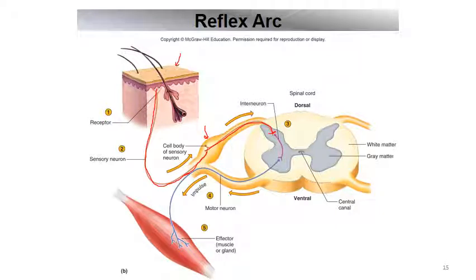Okay, so the sensory neuron stops here. Inside the spinal cord, the neuron is called the interneuron. This is the one making the decision. And then the interneuron sends the information to the muscle through the ventral root. And so then the motor neuron, we can see it going to the muscle here.